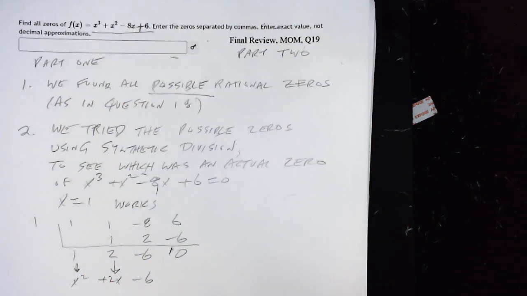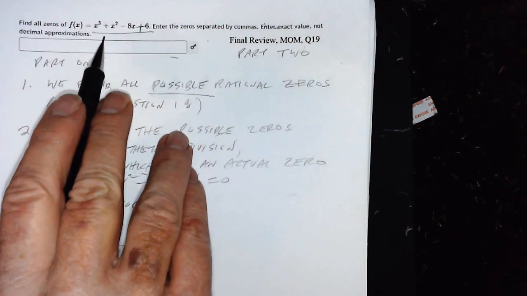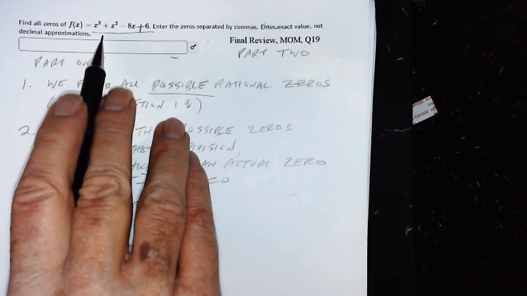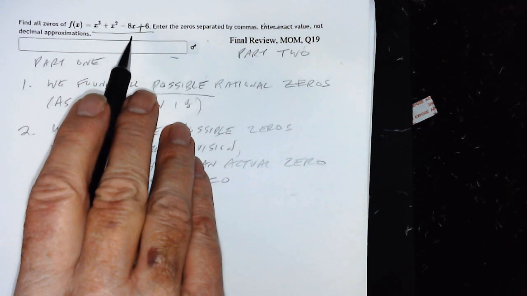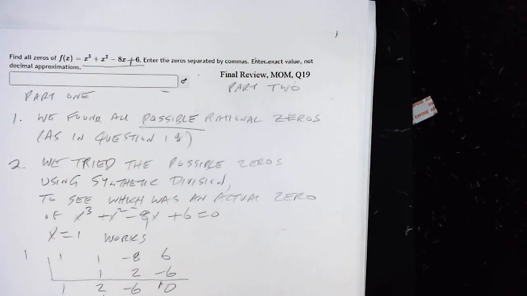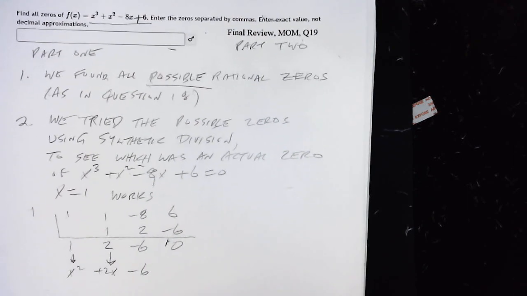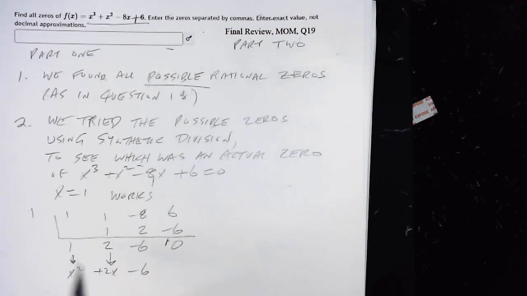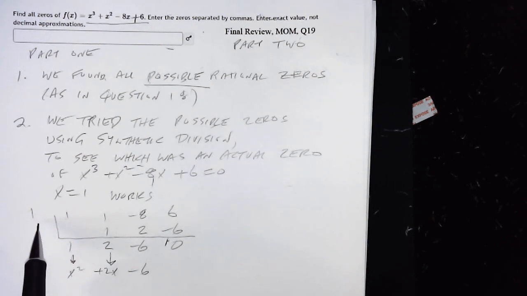You try out your different possible zeros with this term and see which one is really a solution. It's really a zero of this big equation here. And then once you try out all these different possibilities, which included plus or minus 6, plus or minus 3, plus or minus 2, plus or minus 1, 1 was the one that worked.